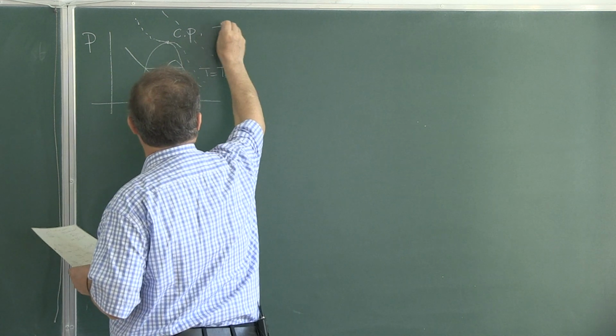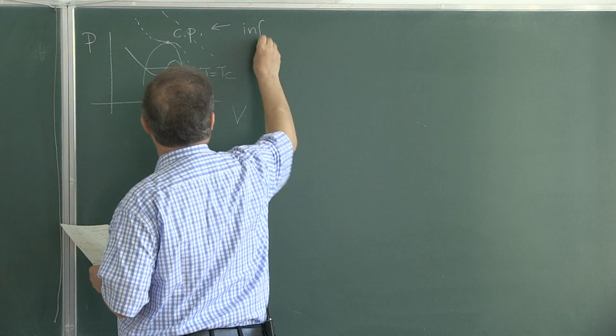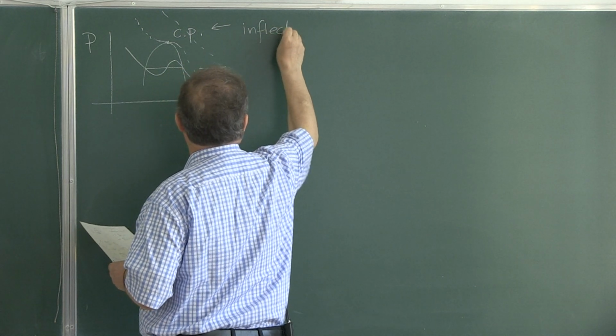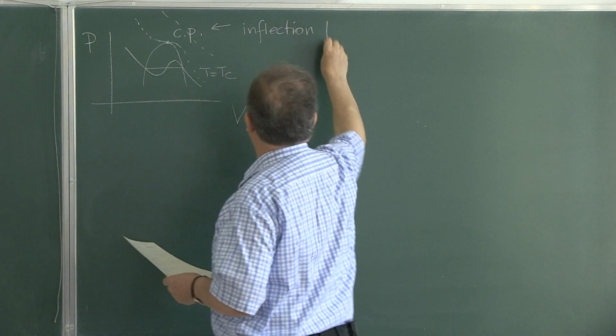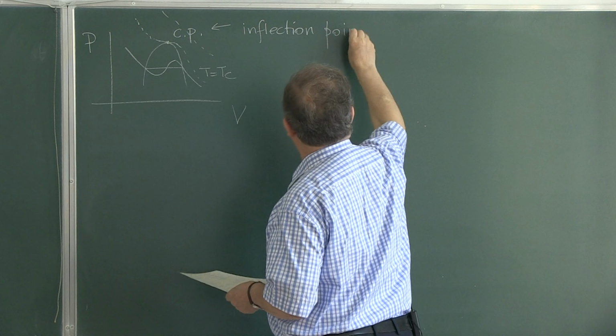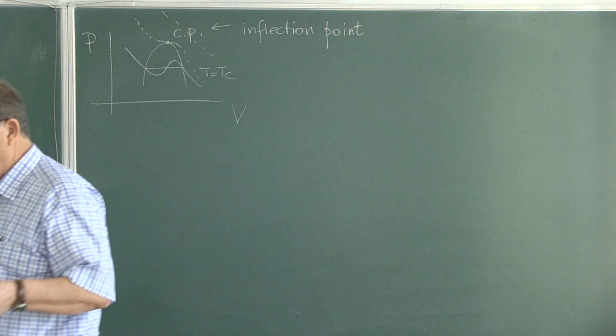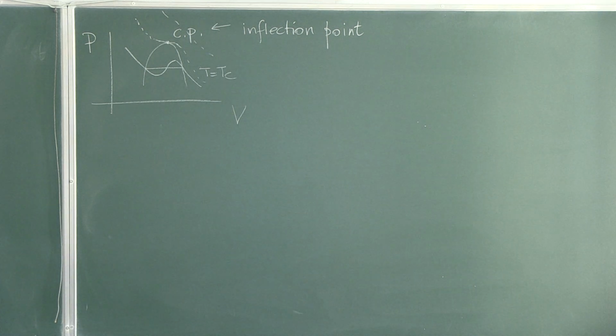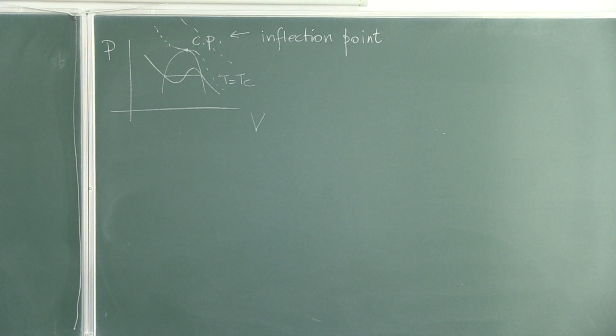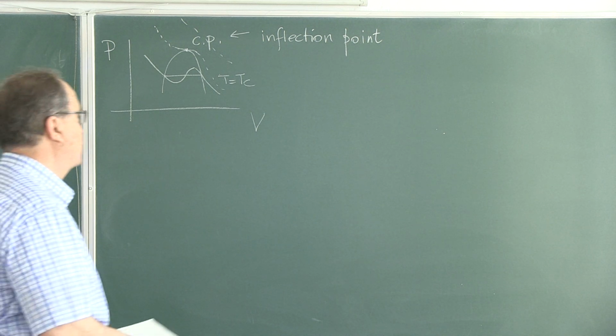Critical point is an inflection point. Do you know anything about inflection points? What happens there? First and second derivative of the quantity is 0 in an inflection point.